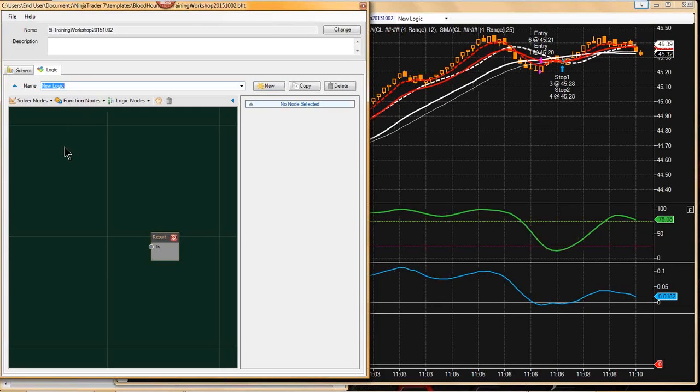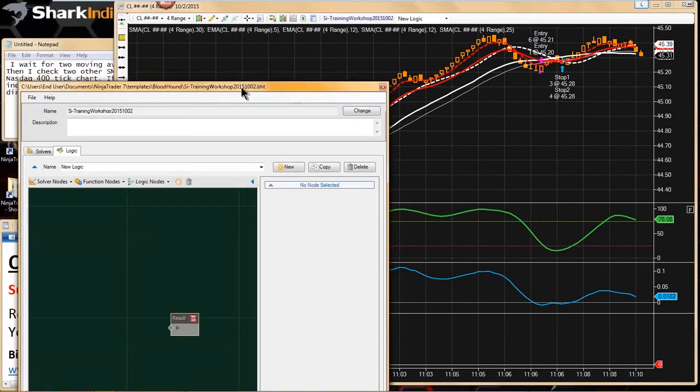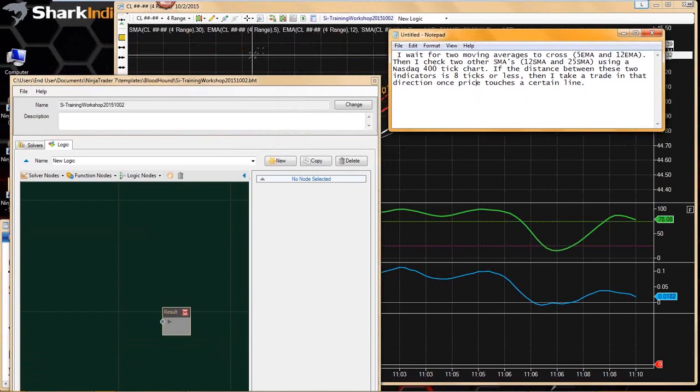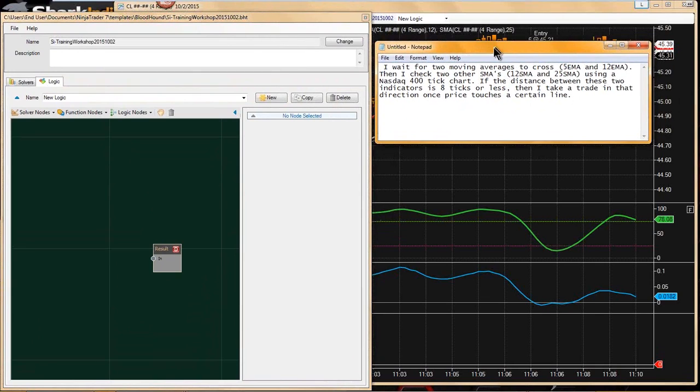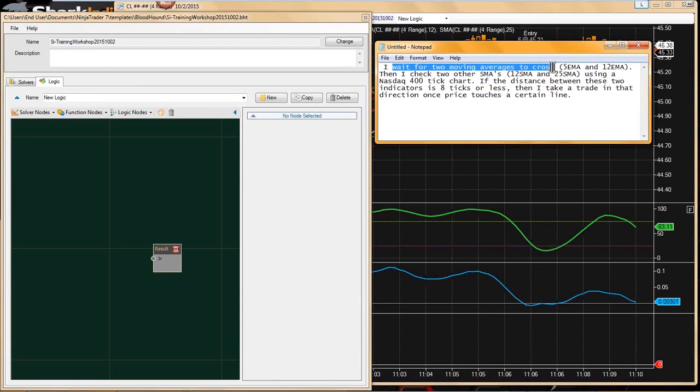So let's go back. I want to clarify some of the wordings here. The first condition is we're waiting for two moving averages to cross, right?